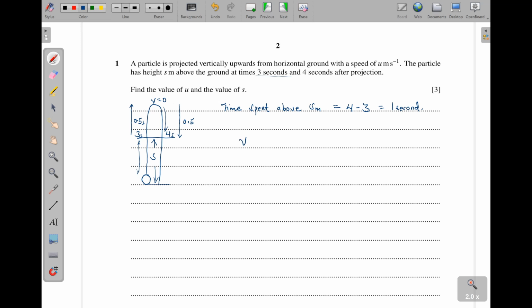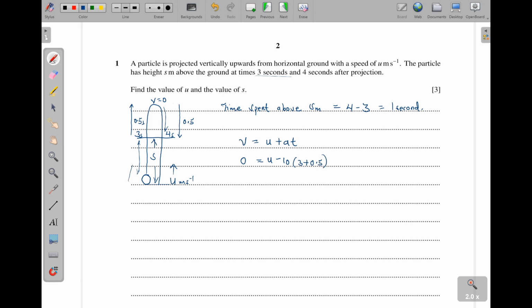So using v equals u plus at, the final is 0. Initial is the u it was projected with, in meters per second, which we don't know. So that is u. Since it was projected up, then the acceleration is negative 10. And the time is going to be 3 plus the 0.5.